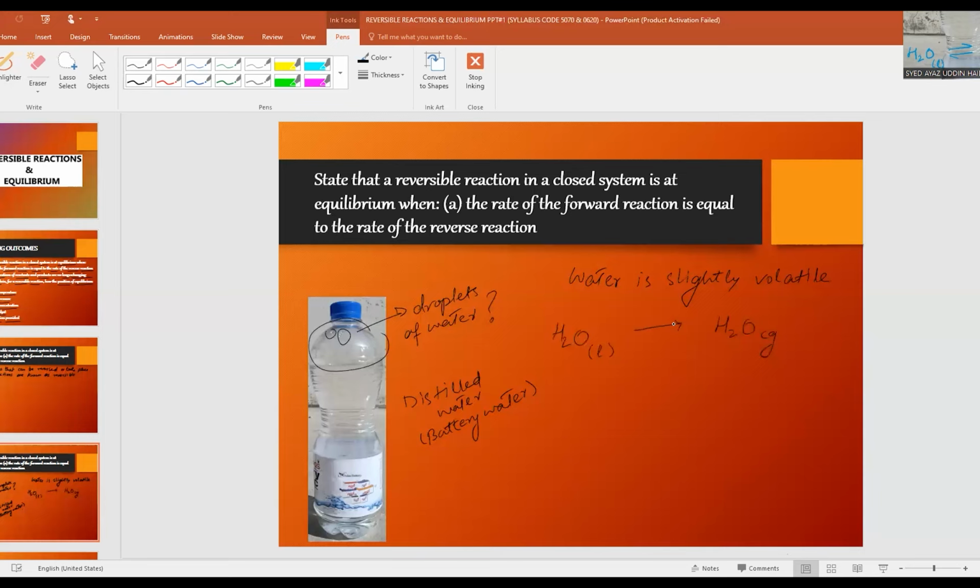We can see the reverse process, which is liquid water conversion into vapor state and then condensing back into the liquid state. So you can show this through this reversible sign.